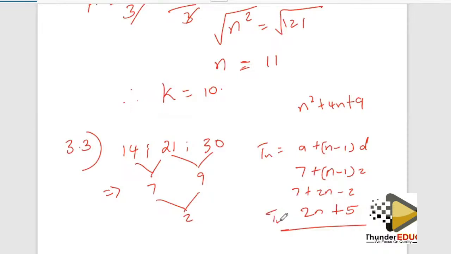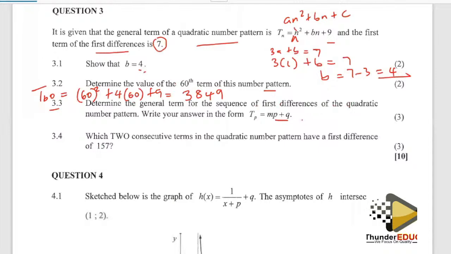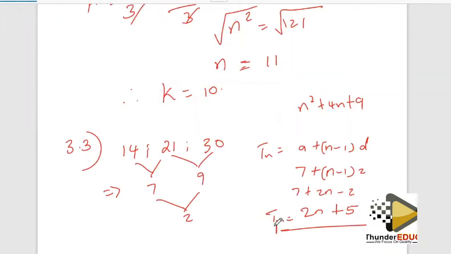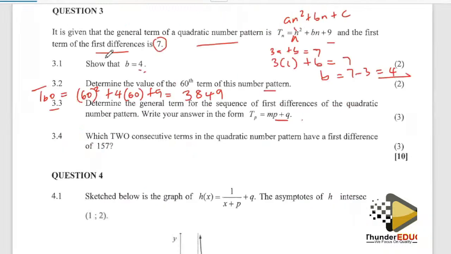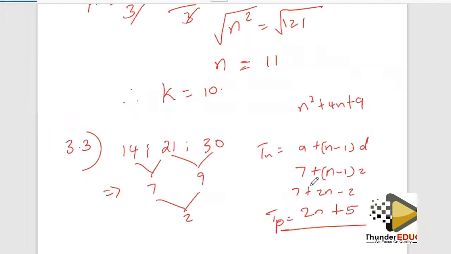Okay, that's what I'm getting. They said it should be in the form of Tp. It's 2n plus 5. But now, does it make sense? Yes, Tp must be a p, not n. So I'm going to change this to p.